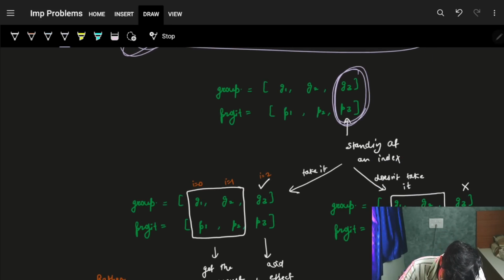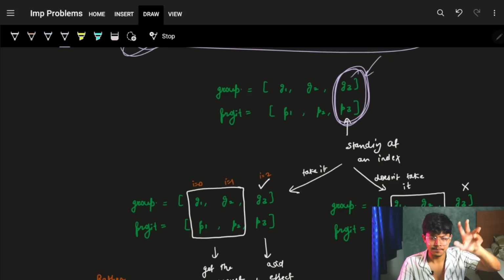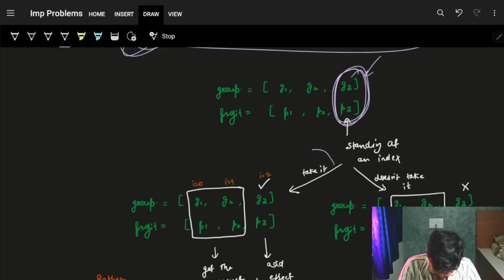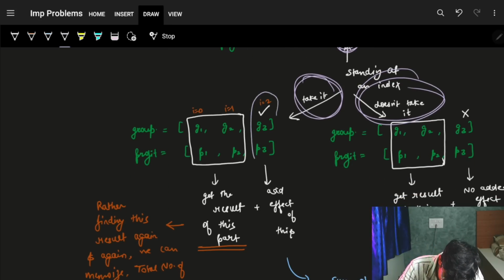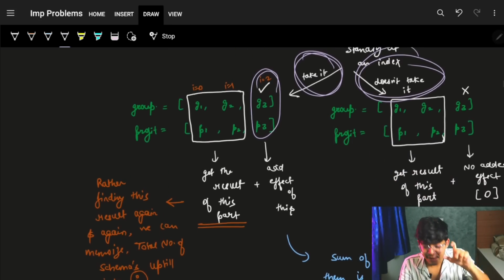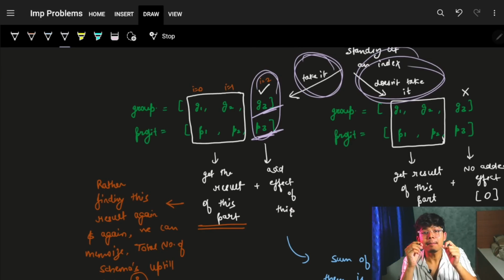Let's say I am standing at the X crime, or let's say the 3rd crime right here. So I have 2 options: execute that crime or not execute that crime, which means if I execute this crime, the effect is that the profit will be added and the number of members will be added.